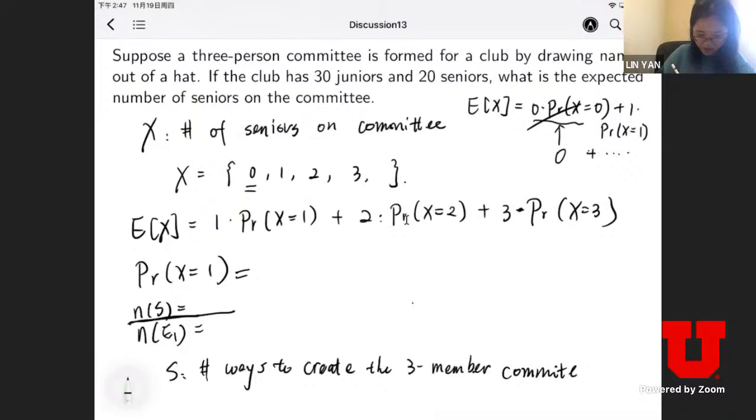Yes, correct. So NS equal to 15 choose 3 because we can choose 3 members from the 20 seniors plus 30 juniors. So it is 15 choose 3. Then what is NE? NE means the committee has exactly 1 senior.